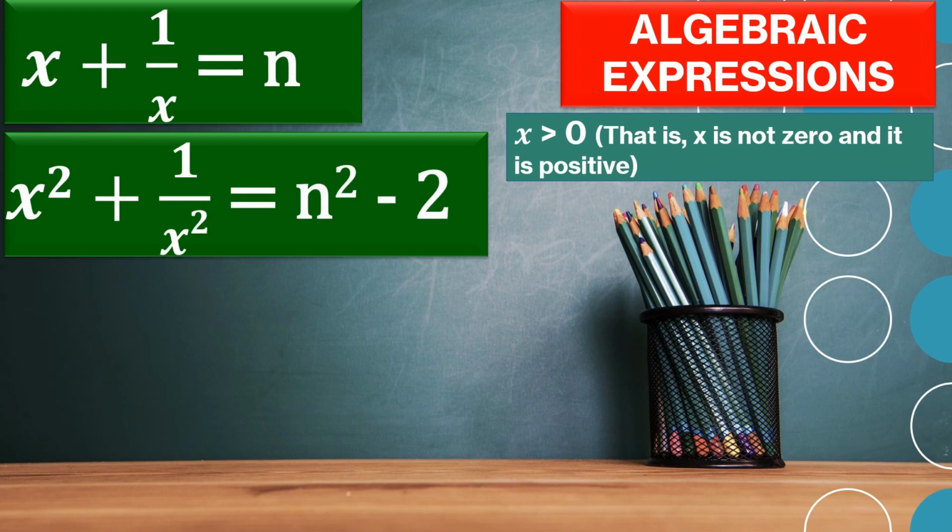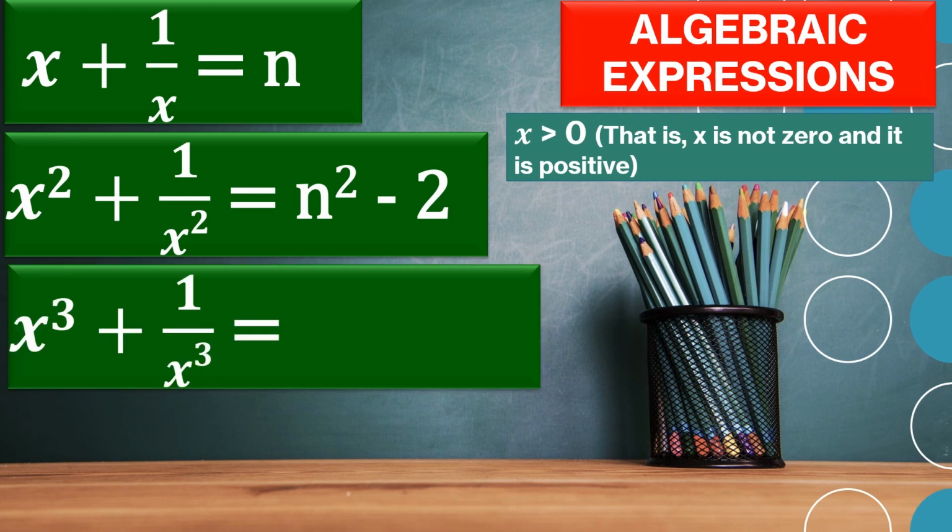Now, based on derivation, x squared plus 1 over x squared is equal to n squared minus 2. In case you have not seen my earlier video where some of these were derived, kindly wait to the end where you see a link through which you can click and watch this. It's very well explained in that video.